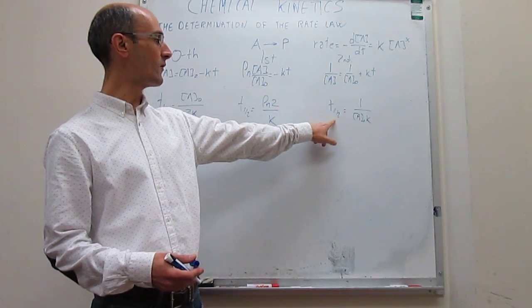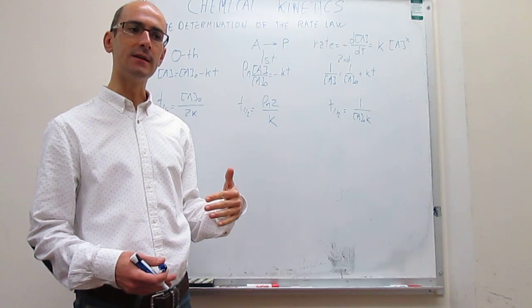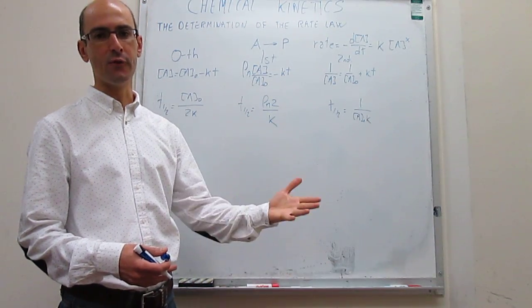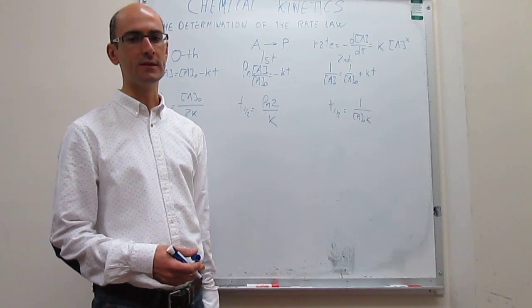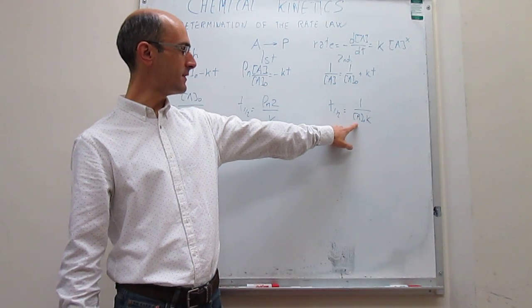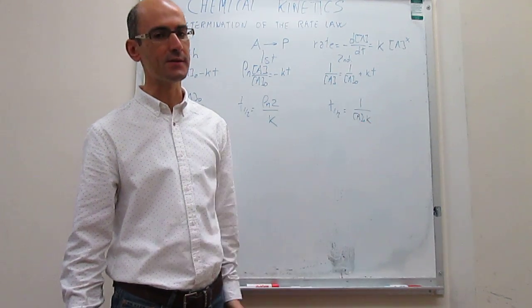And when you have a second order reaction, the power of A naught is -1. Okay, so actually this is something that is universal. We haven't looked at third order or fourth order reactions, but those would all follow this trend. So for a third order reaction, the half-life will depend on the inverse of the initial concentration squared, and so forth.